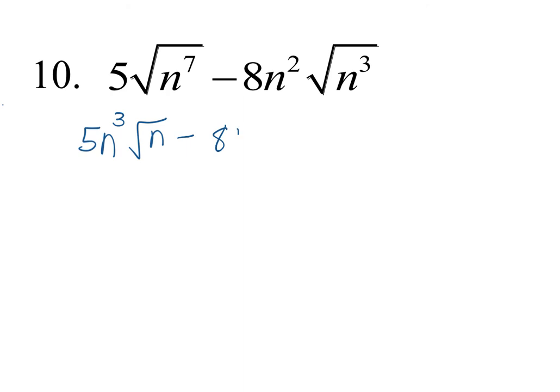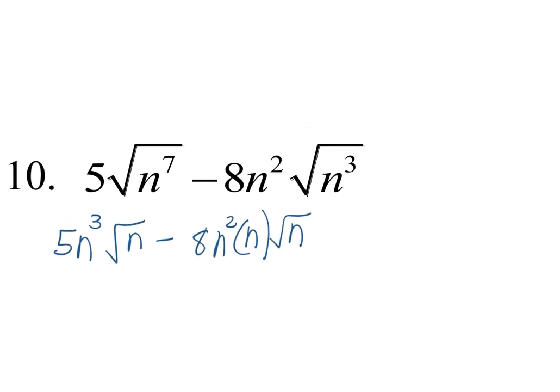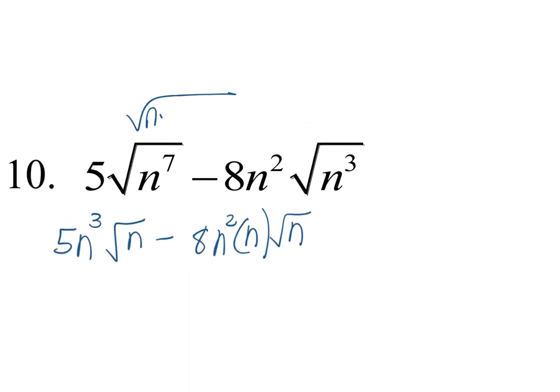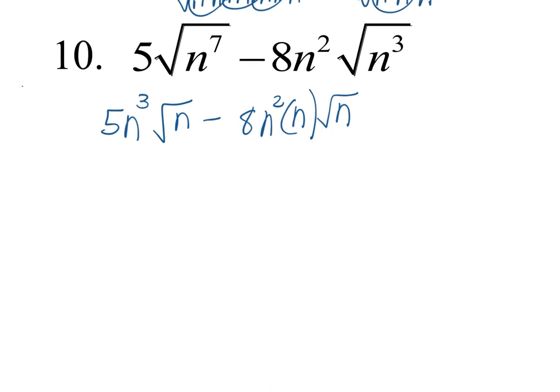So the n squared gets an n out there with it because 2 goes into 3 once with 1 left over. You could have written it out n times n times n times n times n times n times n for n to the 7th, and saw your 3 groups with 1 left over. And for n cubed, you could have written it out as 3 n's multiplied by each other with your 1 group and 1 left over.